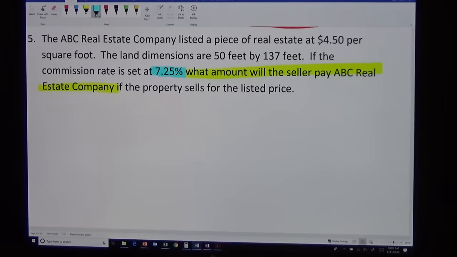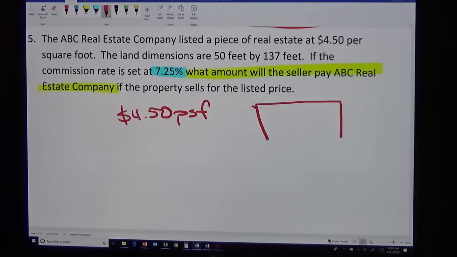So what we need to know in order to calculate a commission is we need to know the sales price. Here's what they tell us about the sales price. They tell us that the property is listed at $4.50 per square foot. They also give us dimensions. They say that the property is 50 feet by 137 feet.